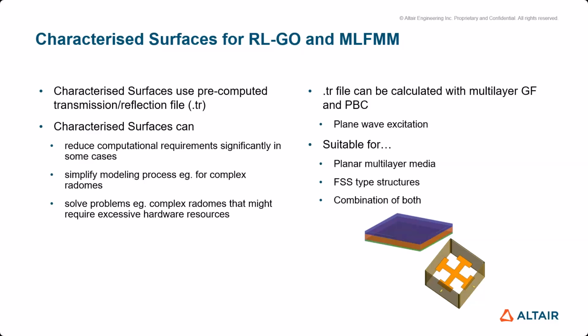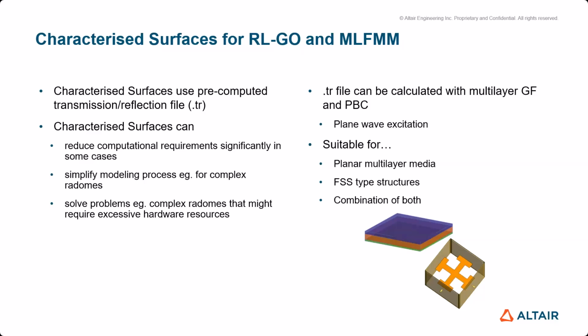This opens up the opportunity to optimize radome shapes, for example. If you have complex FSS structures on a radome and you change its shape, this is not only a lot of manual work to edit the shape, but again a lot of runtime and memory.